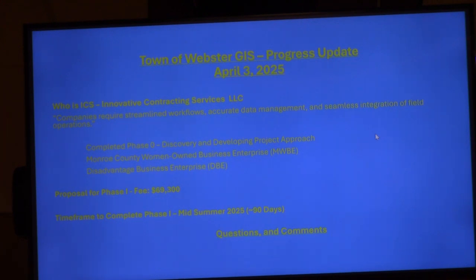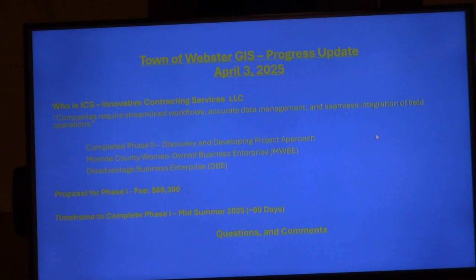Through the discovery phase, they gave us a high-level understanding of what we've got going on and where they think we could make improvements. They helped us pull together an approach to make this happen, and that approach is part of the proposal or contract for phase 1, which I believe tonight we have a resolution on the town board for the supervisor to sign.